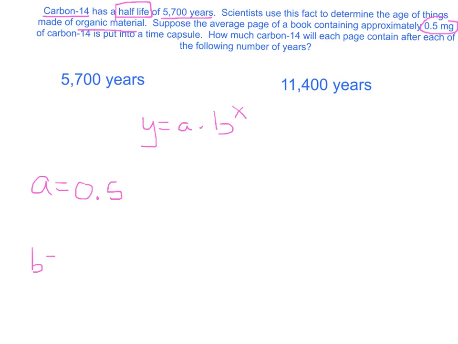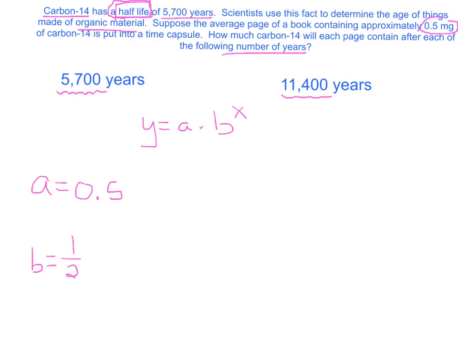And now the decay factor, in every question involving half-life, your decay factor is always 1/2. Things will be cut in half. And then number of years, this is the tricky part. You are not plugging in 5,700 or 11,400 for x.